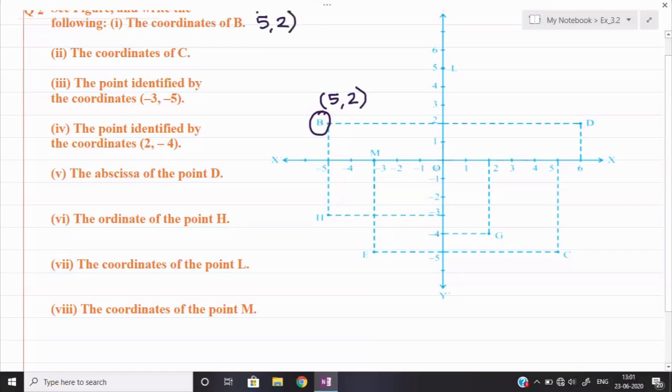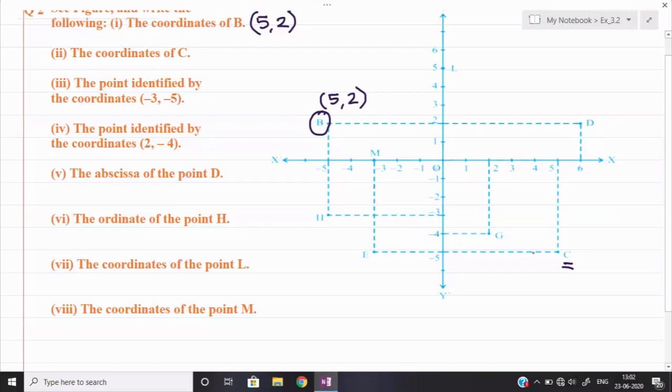Similarly, I will go to the second part, coordinate of C. Where does the point C lie? Look here, C lies at this place. Now I will speak it orally. You find the horizontal distance. Horizontal distance means this one. Sorry, I said it wrong.